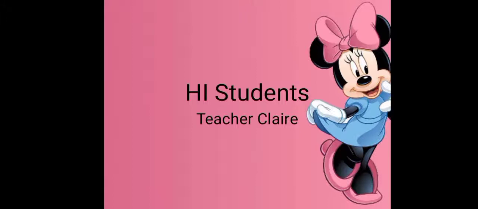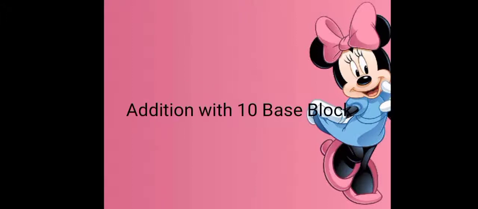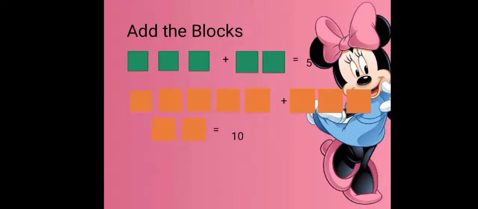This is Teacher Claire. For today's lesson, we will talk about addition with base ten blocks. As you've seen, there are blocks and an addition sign. So we are using blocks to add.